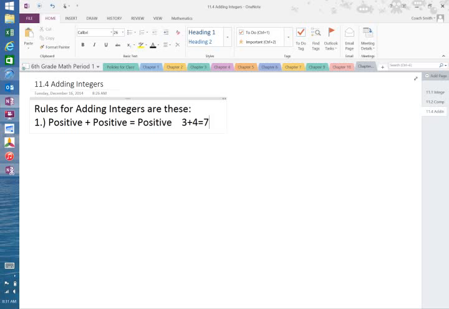So positive plus positive equals a positive. Rule 2. Negative plus negative equals negative.